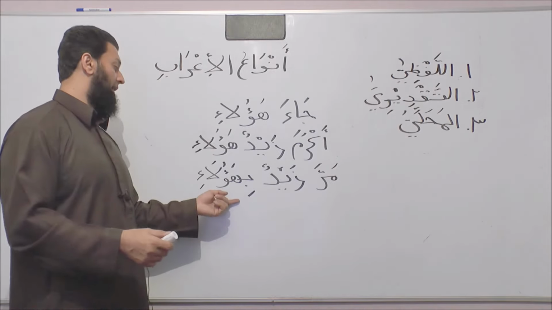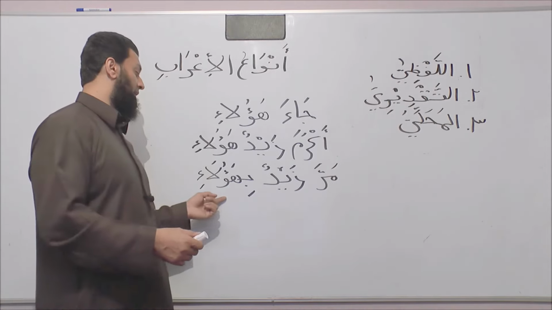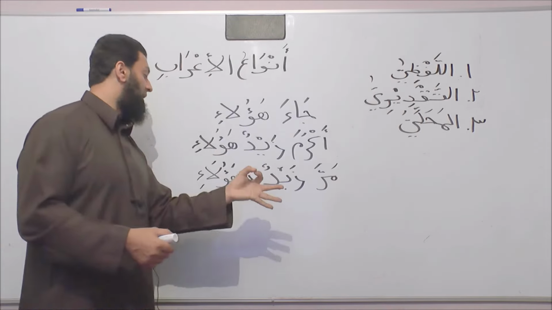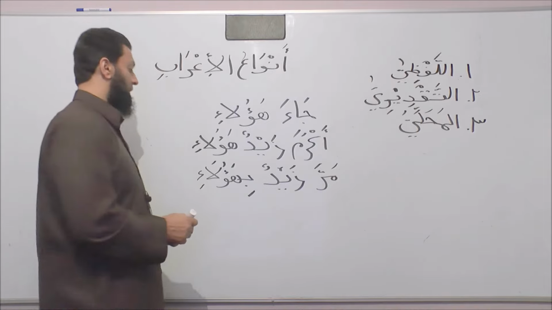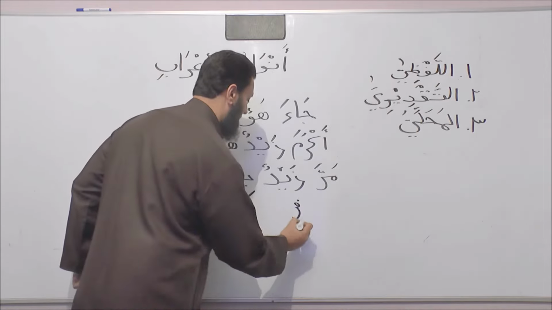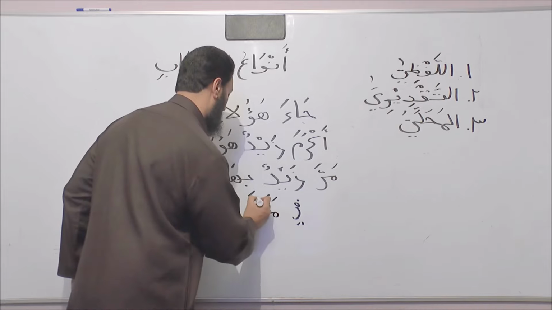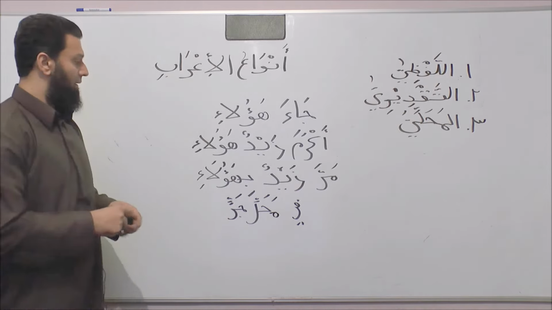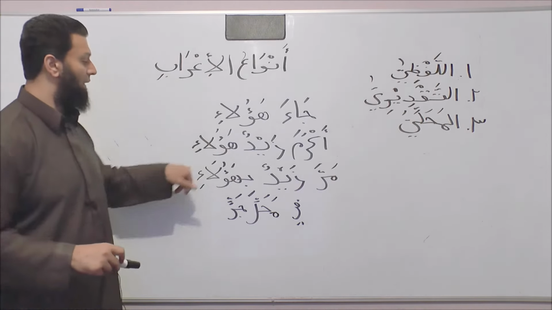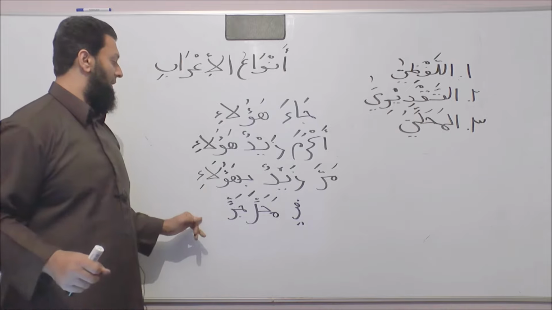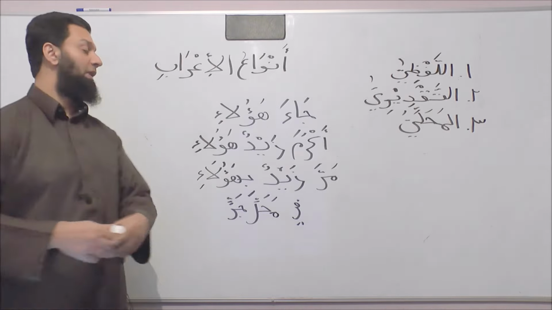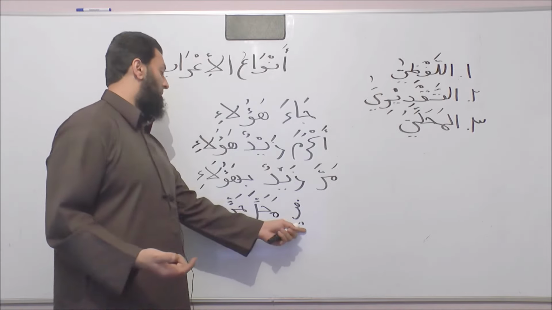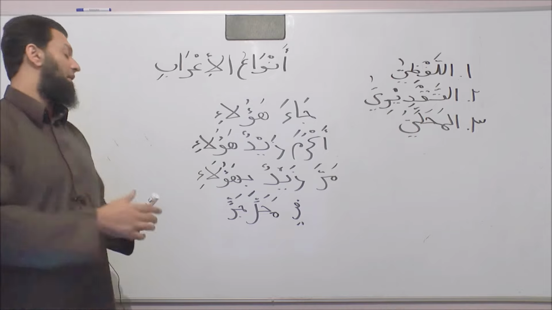But here we say that ha'ula'i is an ismun fi mahalli jarrin. That is how we describe ha'ula'i. In this example, we would say that ha'ula'i is an ismun mabniyun ala al-kasri fi mahalli jarrin بحرف الجر.